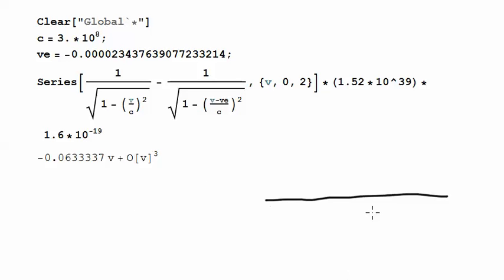We have a copper wire carrying 1 amp of current and something passing by with velocity v.